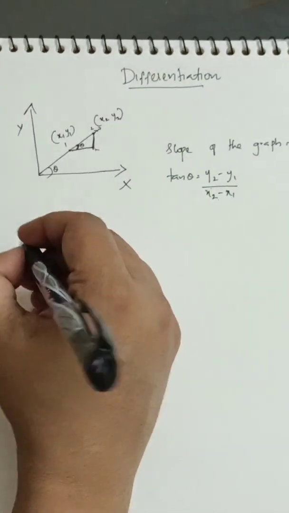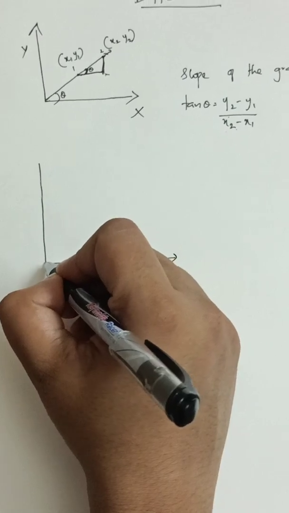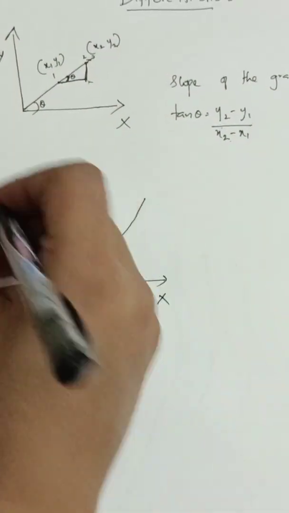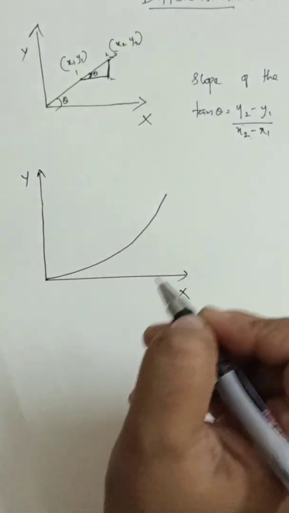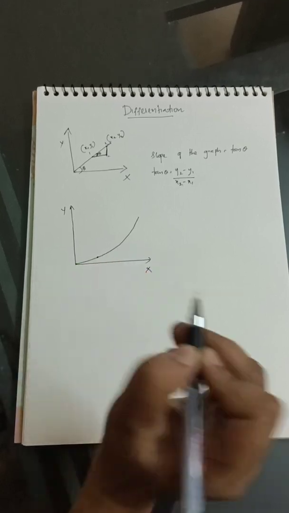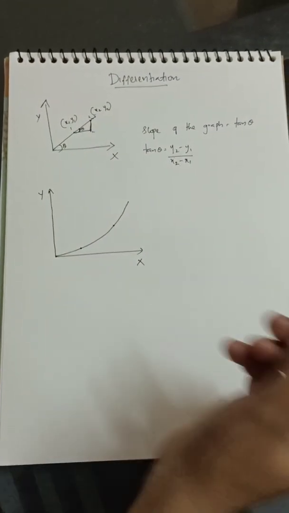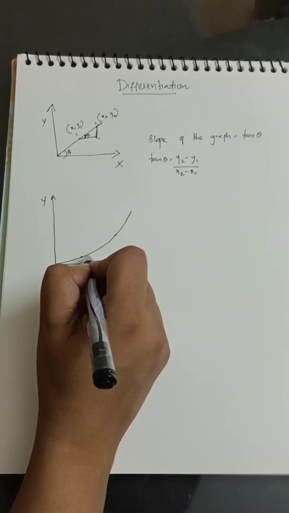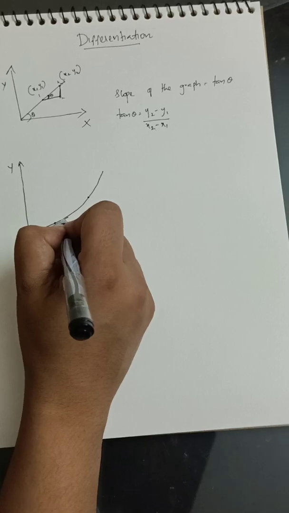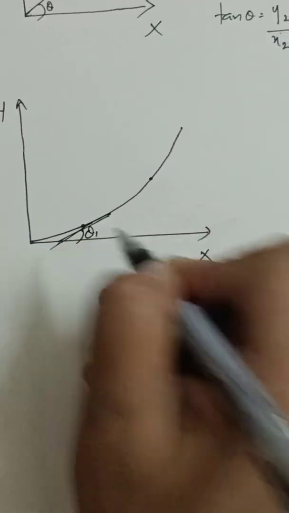Okay, now let's move on to the next graph. It's a curve, x, y. Here we are also finding the slope of the curve. So what is the angle which it makes with the x-axis? Like at this point, what is the tangent? It will be theta 1.